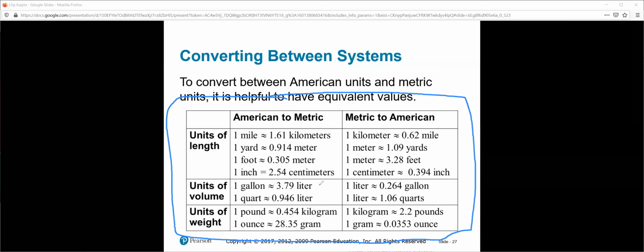Each of these examples can be written as a fraction, therefore can be used in that skeleton of a unit conversion. 1 kilometer per 0.62 mile, right? Give it that dot. There we go. Look at that. Cool. I'm going over well-trodden ground at this point.